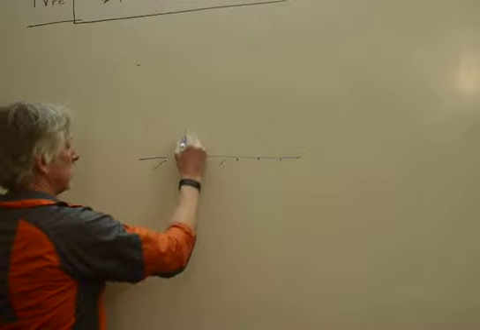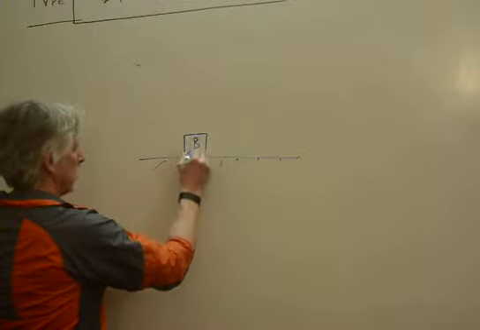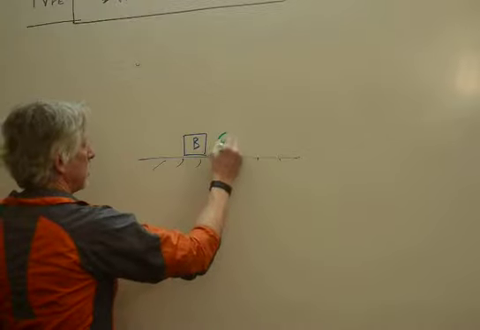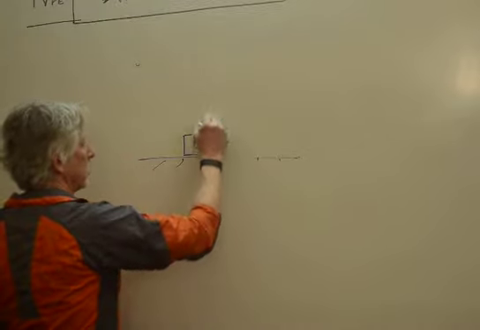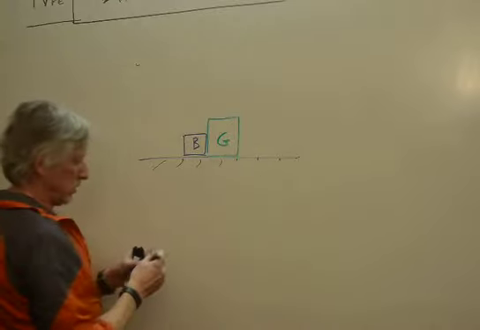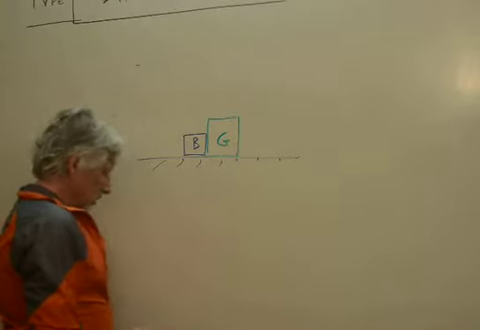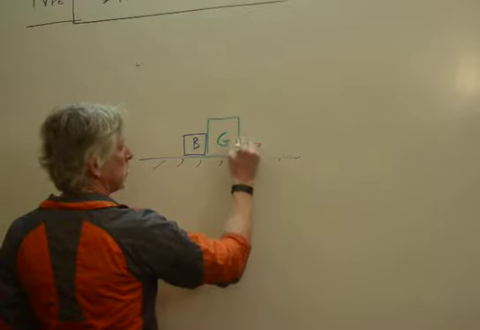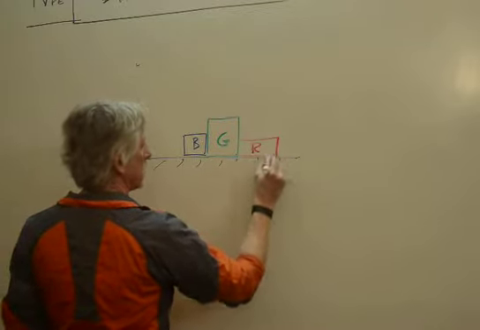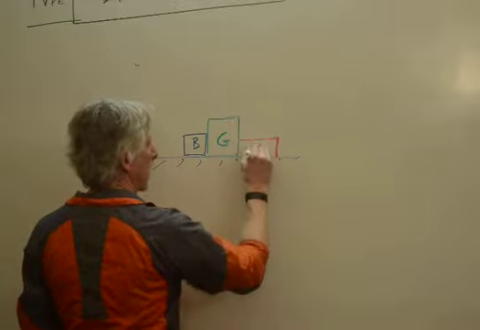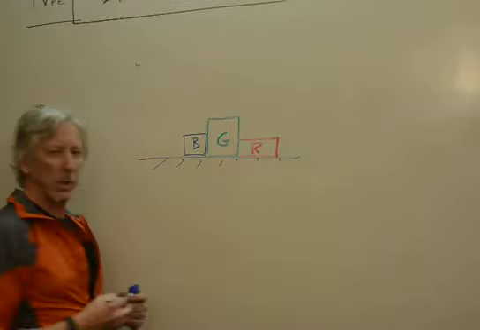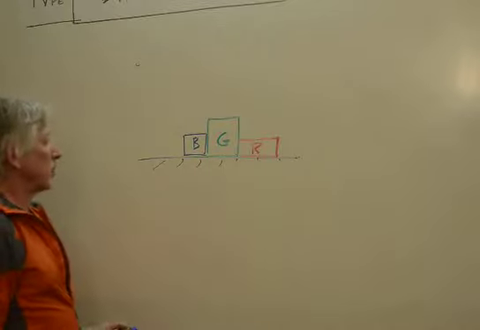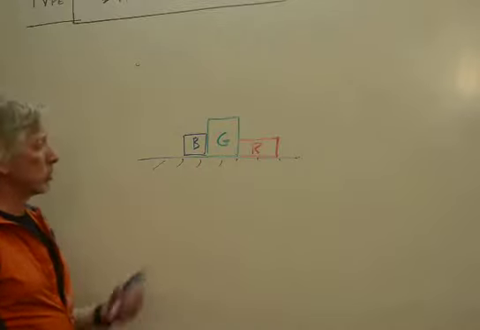Let's put a B for blue, G for green, and R for red. And here's our case. And suppose you want to push or pull on them.